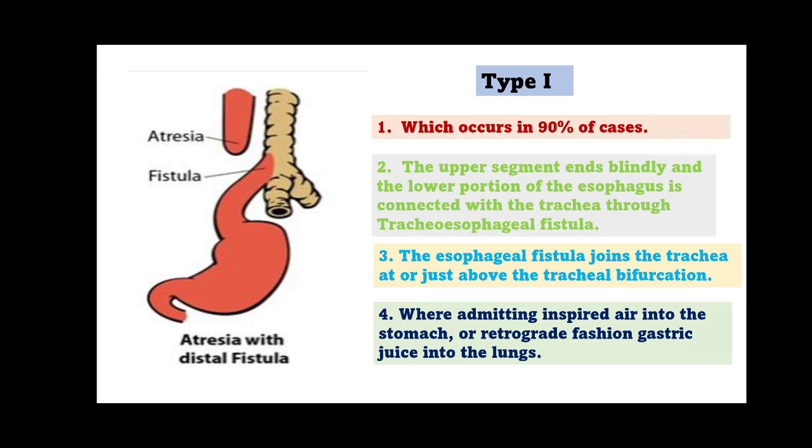In such cases, the baby commonly has clinical features like admitting the inspired air into the stomach. When air is inspired through the trachea, it enters the stomach. Or there is retrograde flow of gastric juice into the lungs, meaning the gastric juice enters the trachea and lungs.